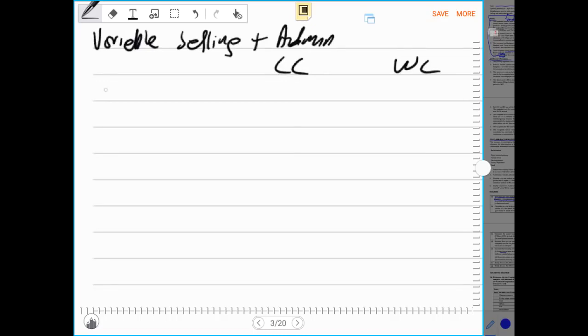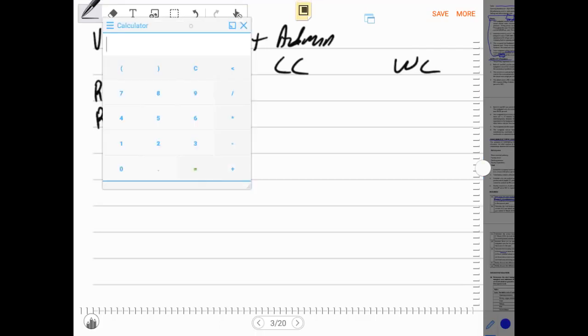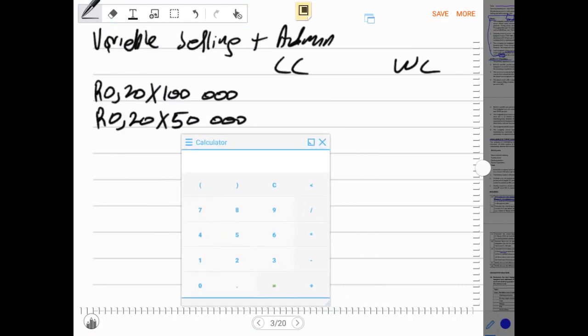And remember that variable cost is calculated by saying 20 cents times the 100,000 units that this company budgeted to sell for product CC. Then we say 20 cents times the number of units that this company budgeted to sell for product WC. So now if we do that, it will give us the total of the variable component of the selling and admin. 0.2 times 100,000 units that were budgeted to be sold.